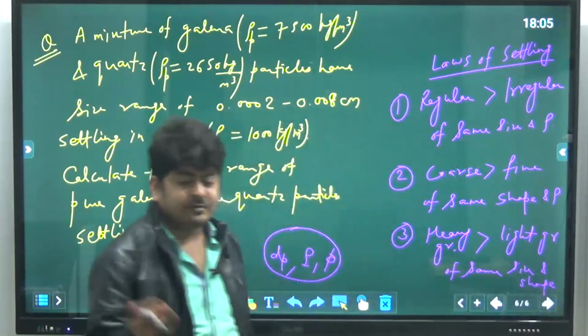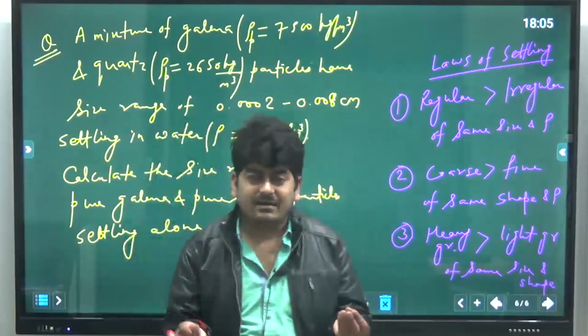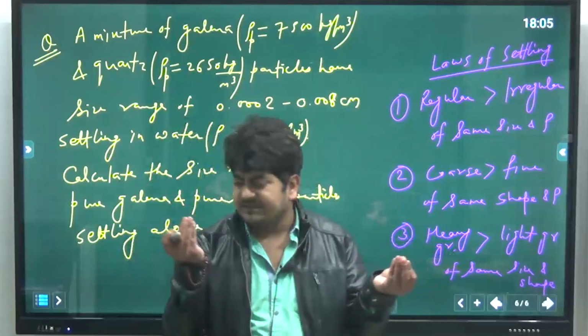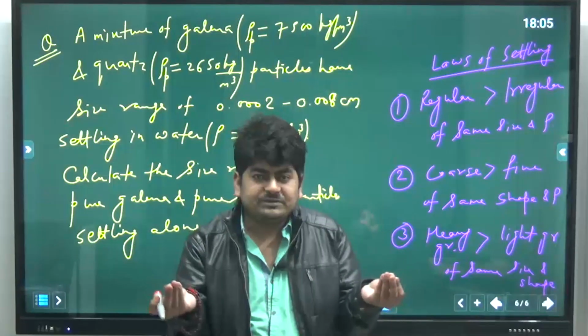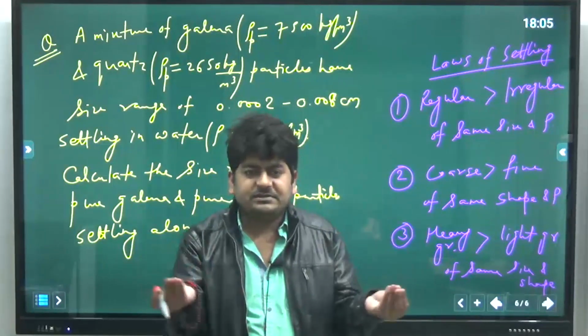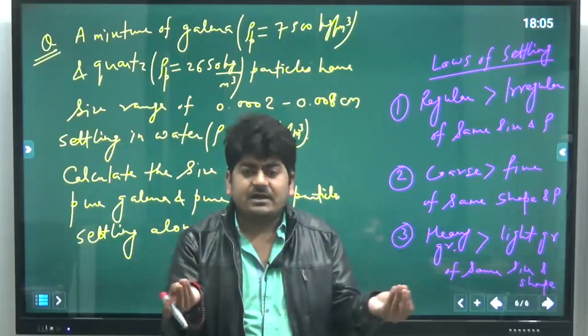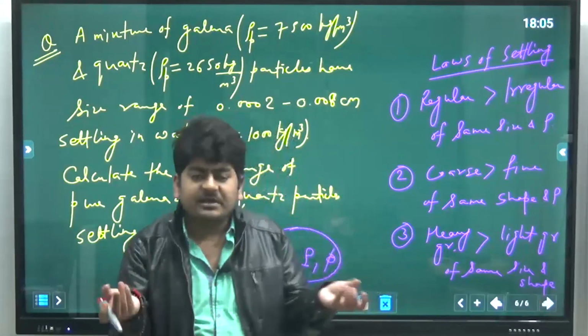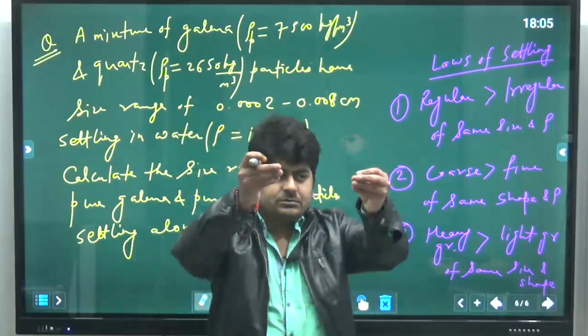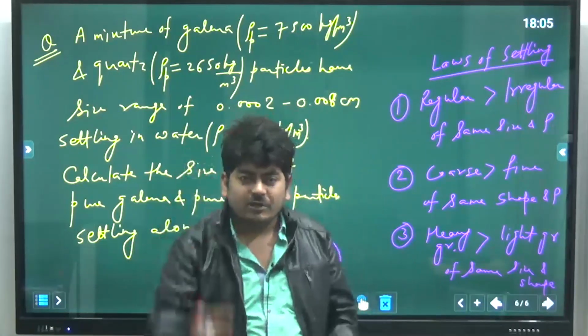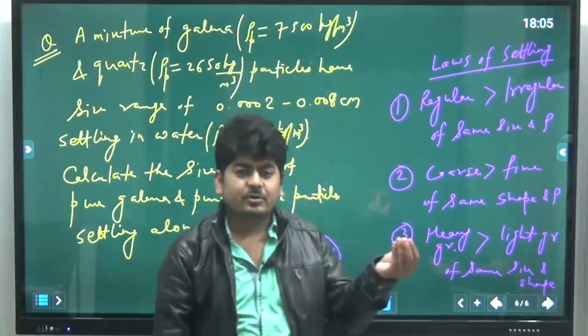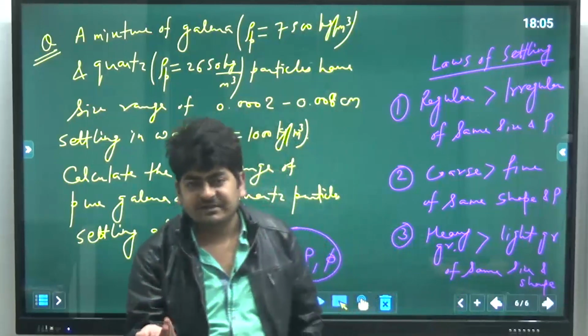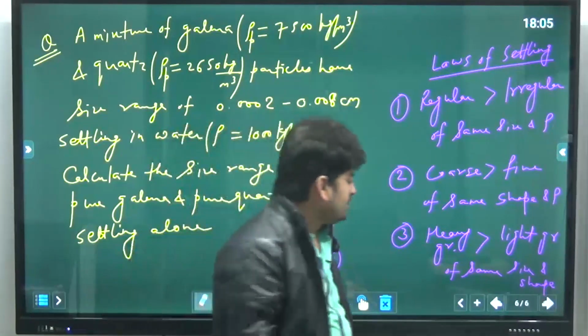Means if you have two balls of 1 meter dia, one a tennis ball and one a snooker ball, both spherical, when you throw them, the snooker ball will settle faster as compared to the tennis ball, because obviously the snooker ball's density will be high as compared to the tennis ball.